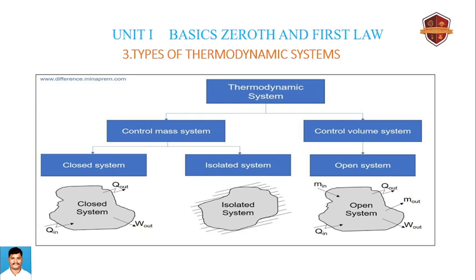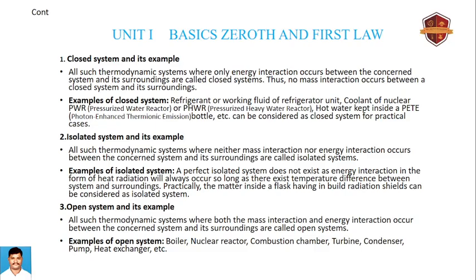What is a closed system? A closed system is also called control mass. No mass crosses the boundary, but energy in the form of heat or work may cross. Example, gas in a sealed piston cylinder.